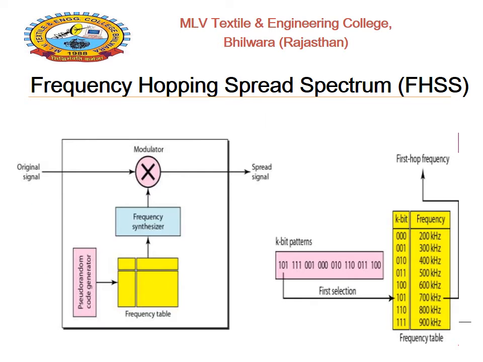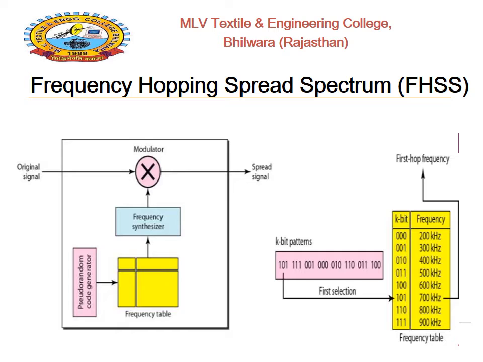In the previous lecture, we discussed DSSS, the direct sequence spread spectrum modulation technique, which is basically known as the digital spread spectrum technique. Here we discuss FHSS, the frequency hopping spread spectrum technique. It is an analog spread spectrum modulation technique.